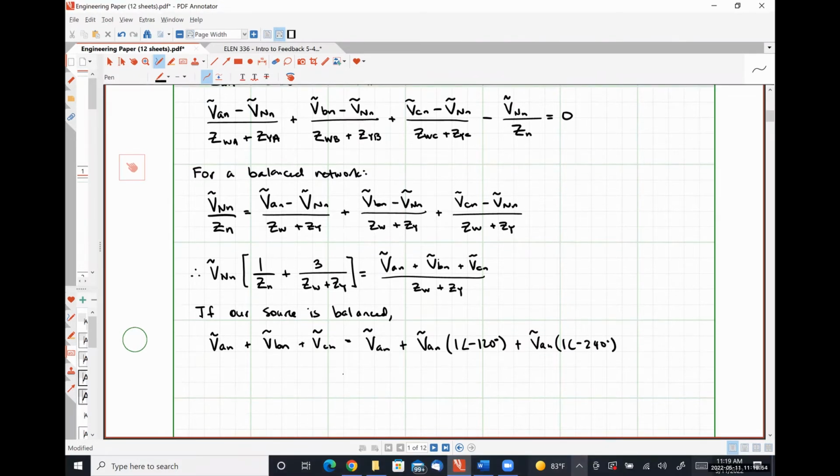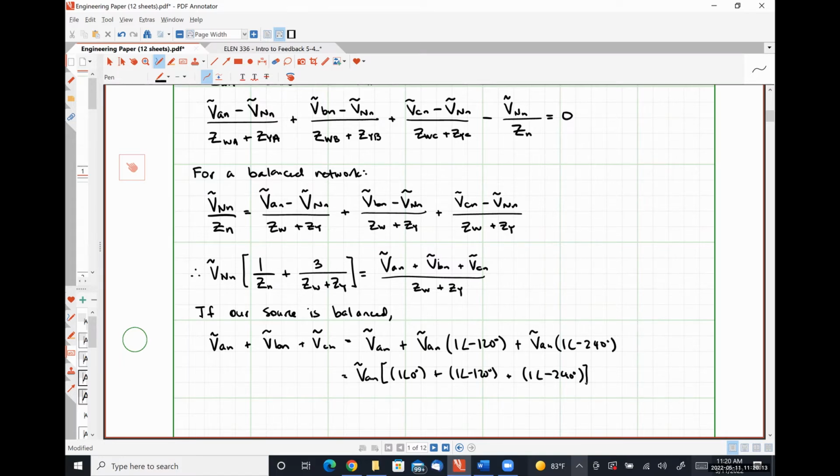Or another way to put this is VAN multiplied by 1 angle 0 plus 1 angle negative 120 plus 1 angle negative 240.